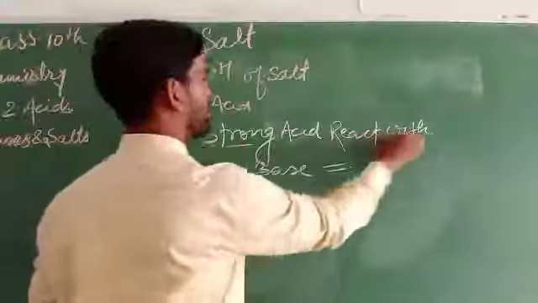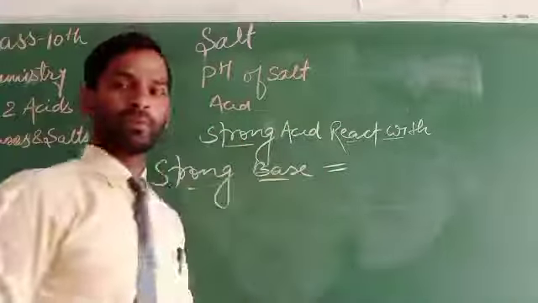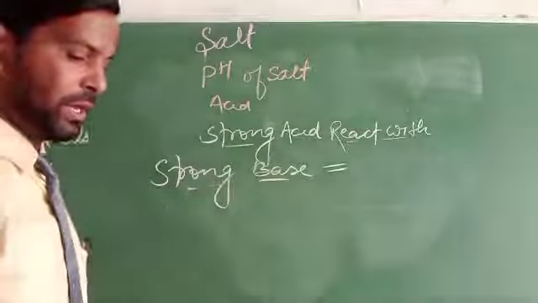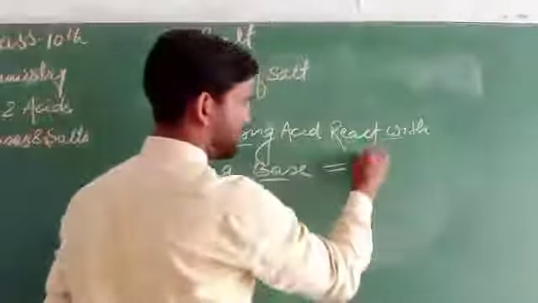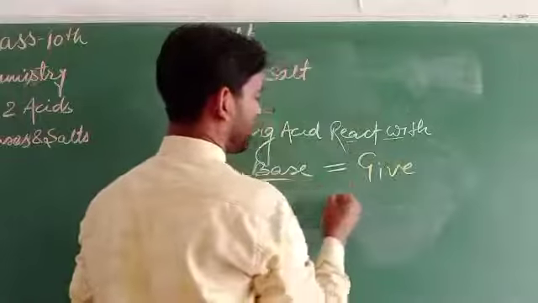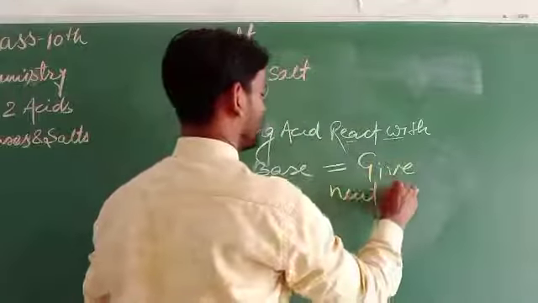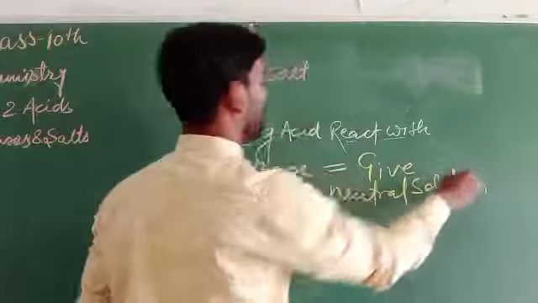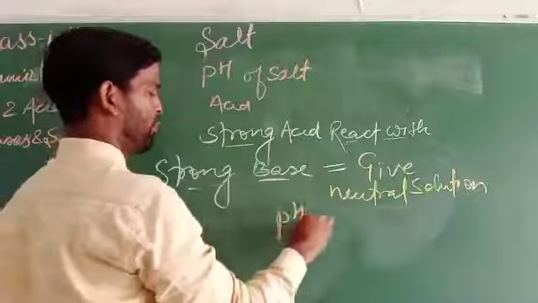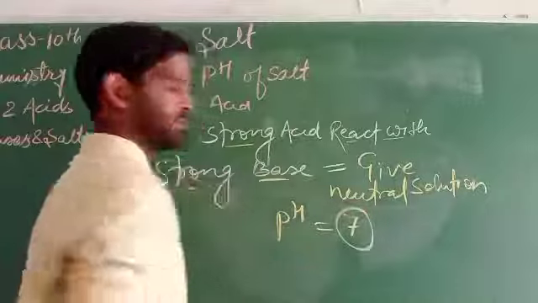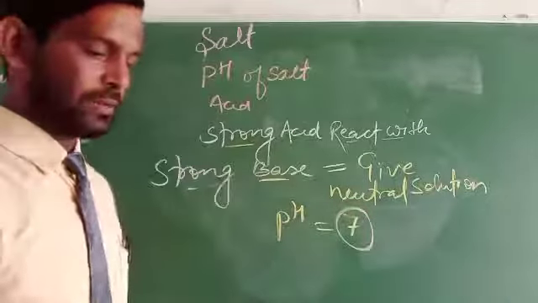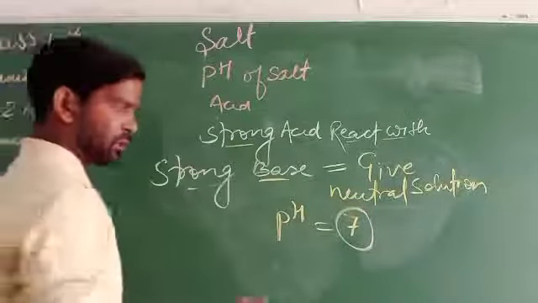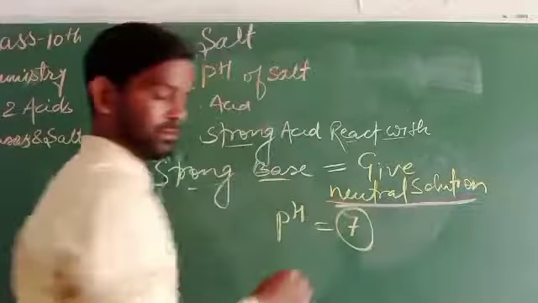The strong acid, when reacted with a strong base, gives a neutral solution, which has the pH value 7. If it has the pH value 7, it is a neutral solution.